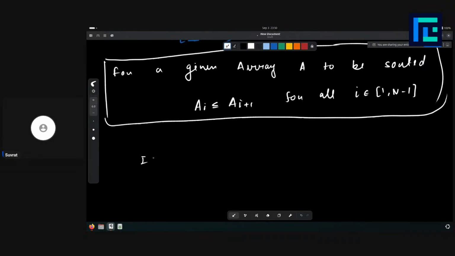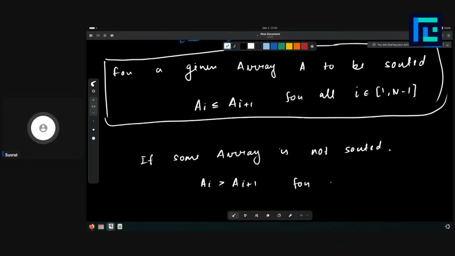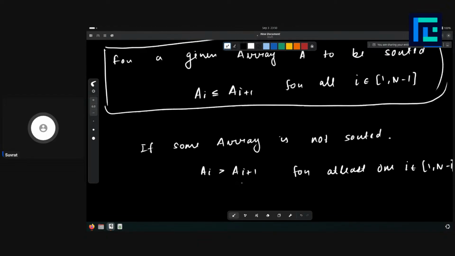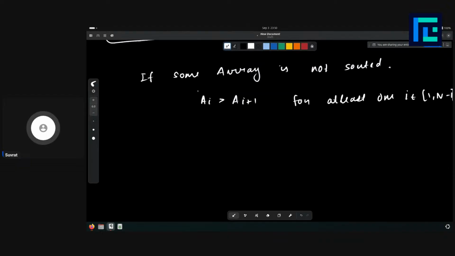If some array is not sorted, then ai would be greater than ai plus 1 for at least one i belongs to 1 to n minus 1. So at least for one i, this property is followed, and if this property is followed, then we can say that ai and ai plus 1 is a valid answer.